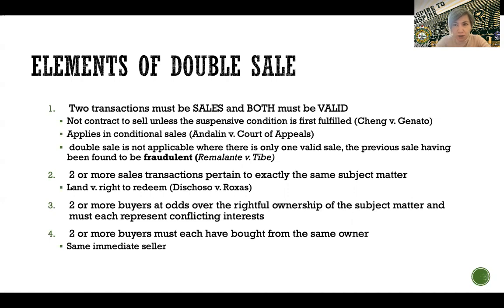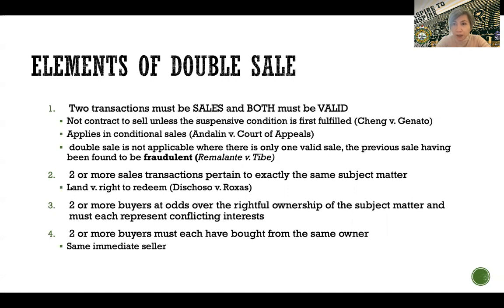Okay, and take note as to the fourth requisite, the 2 or more buyers must have bought from the same owner. That means that they bought from the same immediate seller. So if the property was sold by a transferee or a successor of that seller, then that will not meet the fourth requisite.